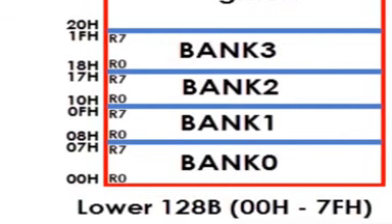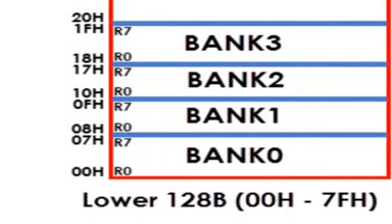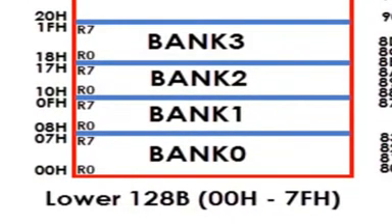If you are using bank 0, then you can't use bank 1, 2 and 3. Okay, so if you want to change from the default bank 0 to some other register bank, then you can change that by manipulating the bit numbers D3 and D4 in the PSW register.